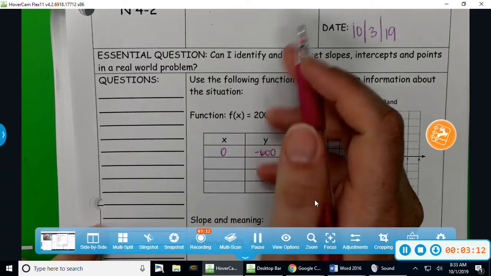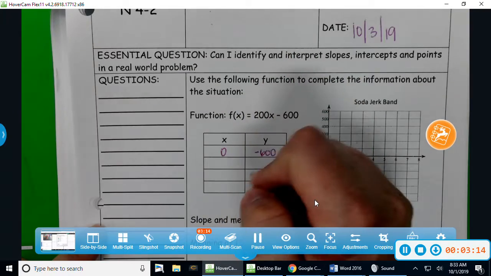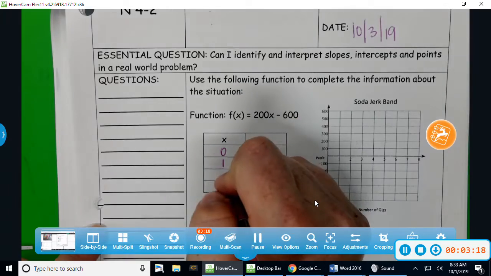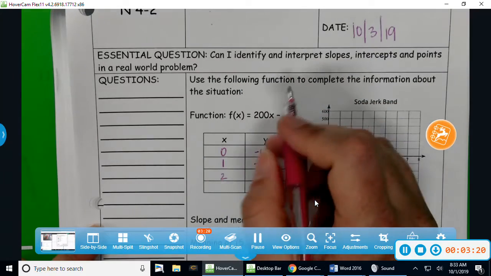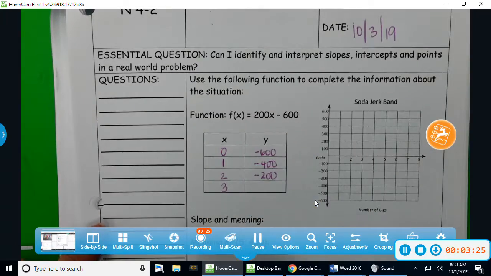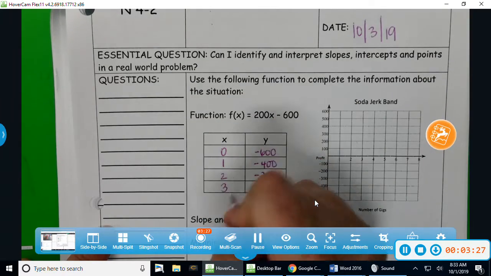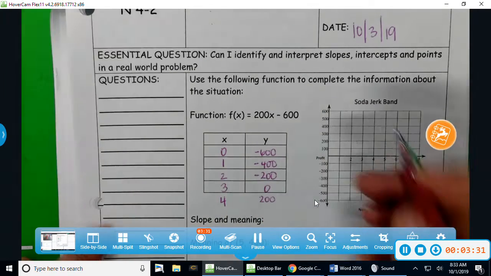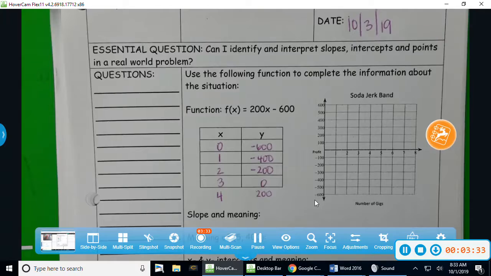I have 1, negative 400. 2, negative 200. 3, 0. I'm going to put one more after this, 4, 200. Then I'm going to put those dots on my graph.